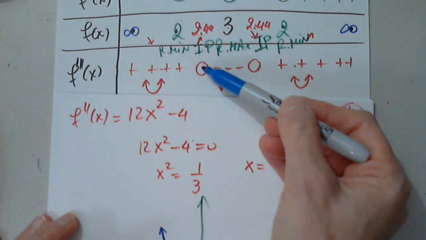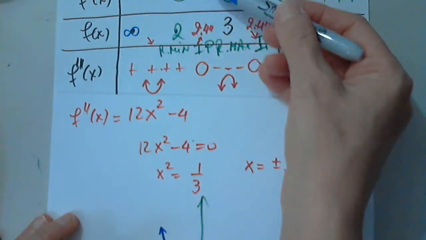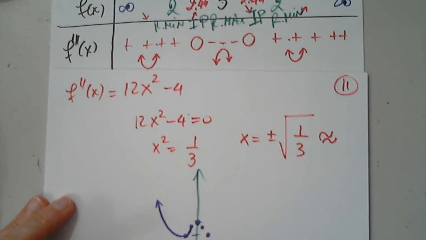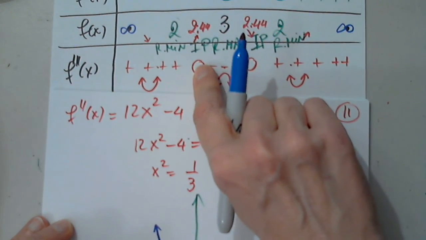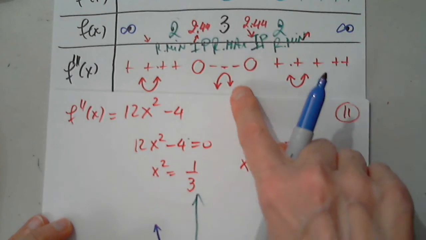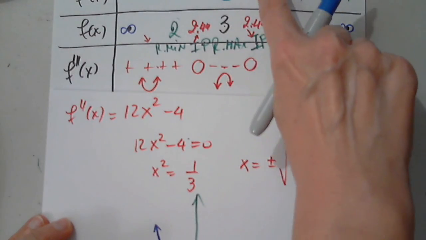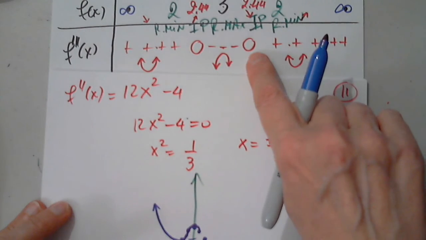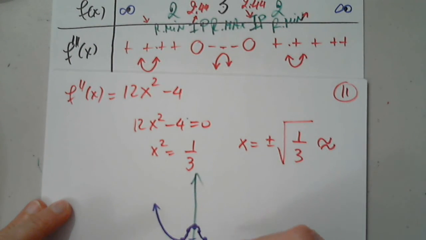It's increasing, still opening up, increasing to this point, which is the point of inflection. It changes concavity, going to the relative max. Continues to decrease now to the next inflection point. It changes concavity, reaches a minimum, goes to infinity.